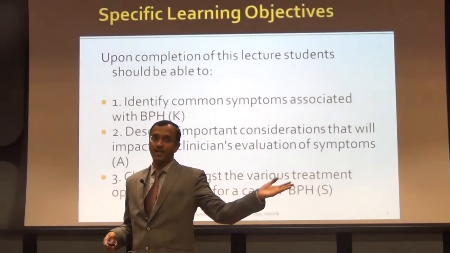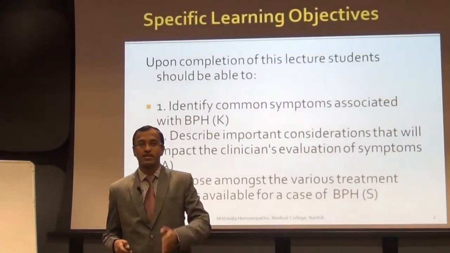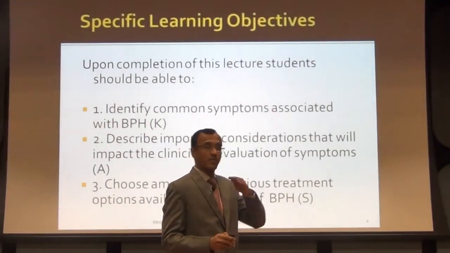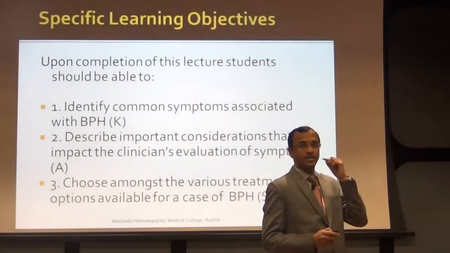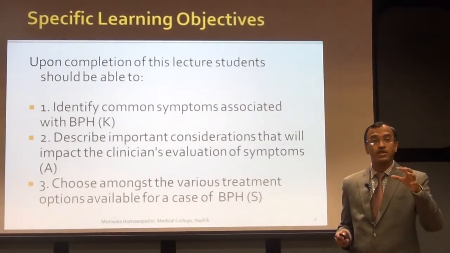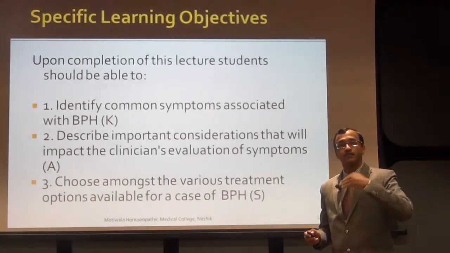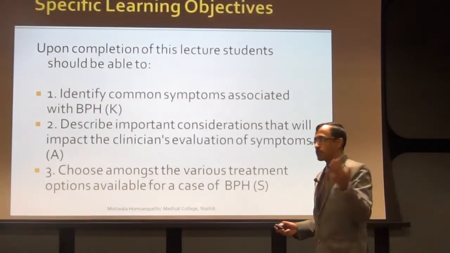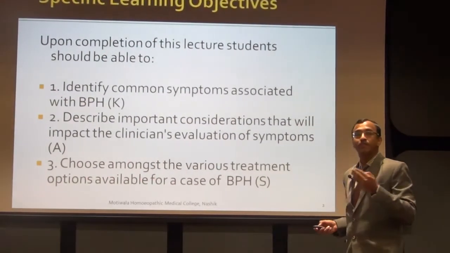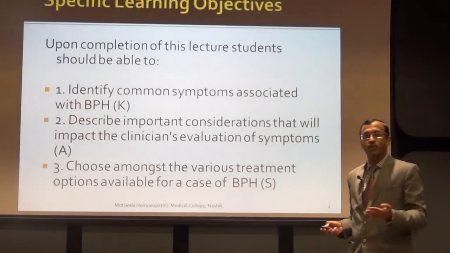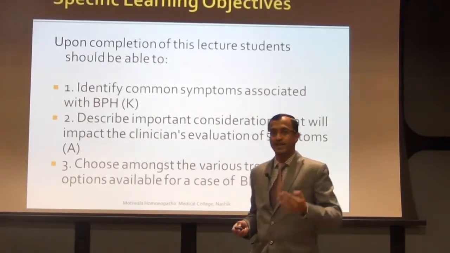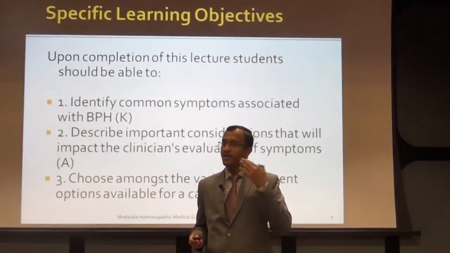It may be non-pharmacological, pharmacological, surgical, or homeopathic. At the end of this lecture, the student should be able to tell, convince or guide the patient which option will be suitable.